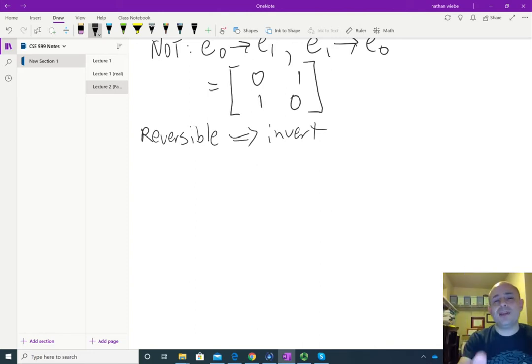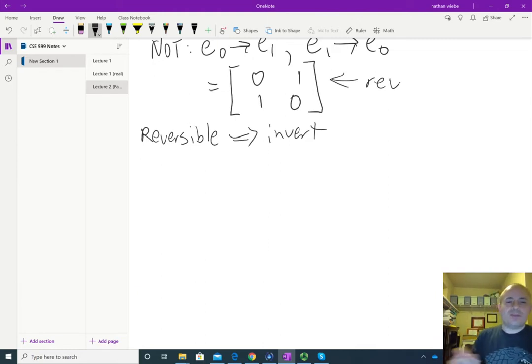Something like the NOT gate is clearly reversible, because if you apply NOT twice, you end up getting the identity. But I think that's not a very accurate definition of what we exactly mean by a reversible model. So let me give you a formal definition of what I mean by a reversible gate set.